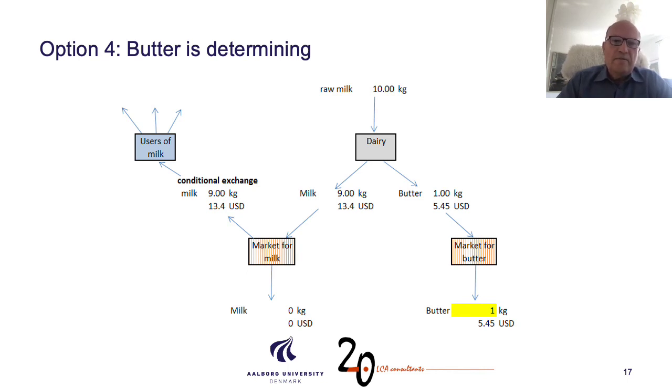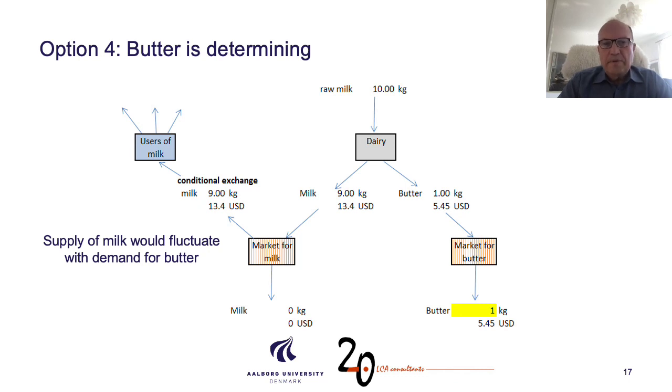This additional milk would of course have to be used by somebody, so there will be a significant increase in the supply of milk depending on the demand for butter. This is not likely to happen in practice, that the milk market would be so dependent on butter. So this was one of the things that our experts at Arla said, this doesn't really sound like a plausible model.